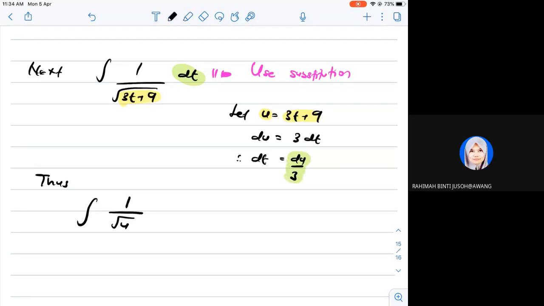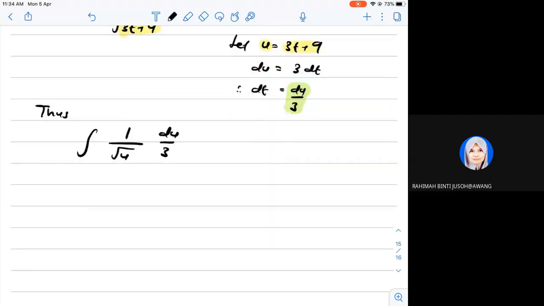Okay, so you letaklah du over 3 like this. So this is equivalent to 1 over 3 can be taken out, integration 1 per square root u. Ni u to the power of half kan. So you buat naik atas, dia jadi u to the power of negative half, du.